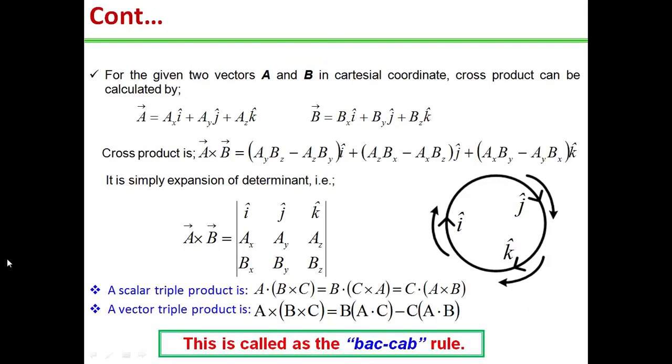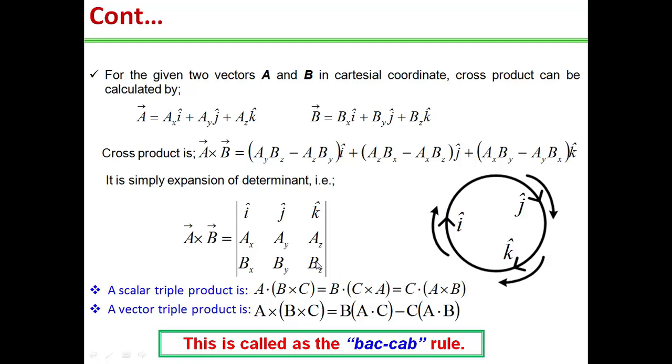Let's take an example for understanding the approach to deal with the cross product. Take two vectors A and B in the Cartesian coordinate system. Vector A is equal to ax i cap + ay j cap + az k cap. Vector B is equal to bx i cap + by j cap + bz k cap. So the cross product can be obtained by solving the determinant. A cross B is equal to the determinant of rows i j k, ax ay az, bx by bz.